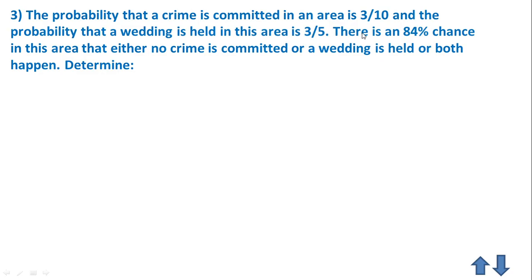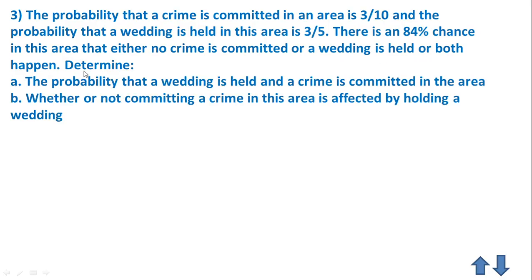There is an 84% chance that in this area either no crime is committed or a wedding is held, or both happen. Determine the probability that a wedding is held and a crime is committed in the area. Part B, determine whether or not committing a crime in this area is affected by holding a wedding.